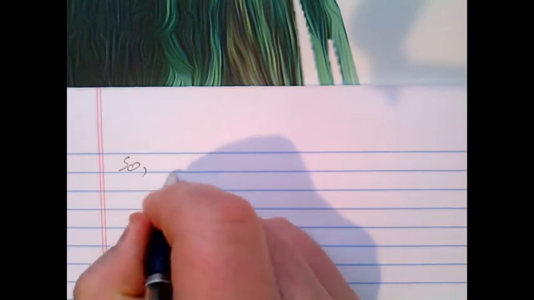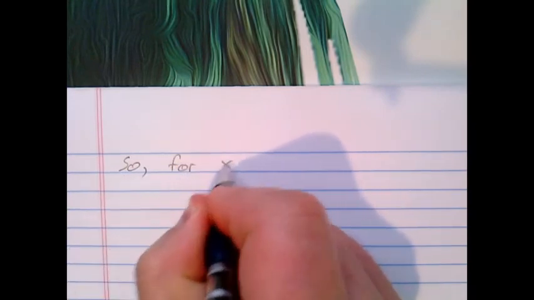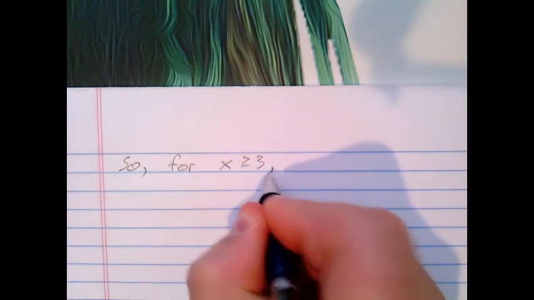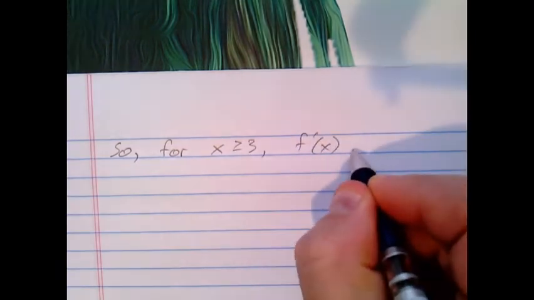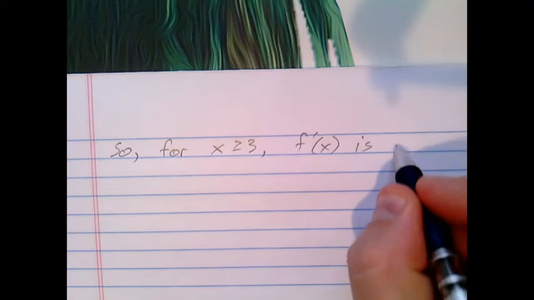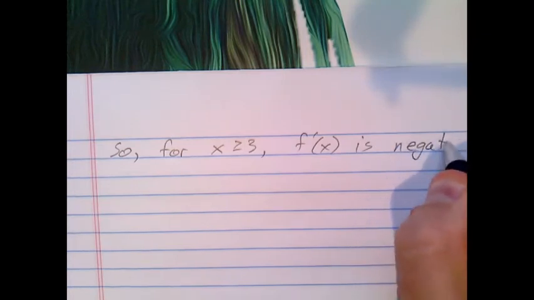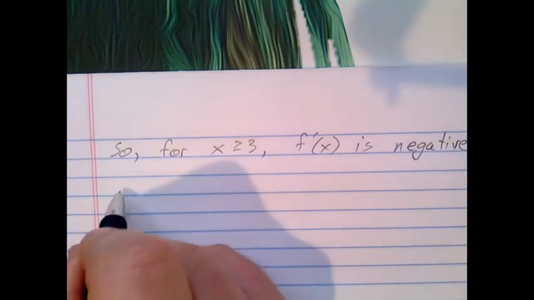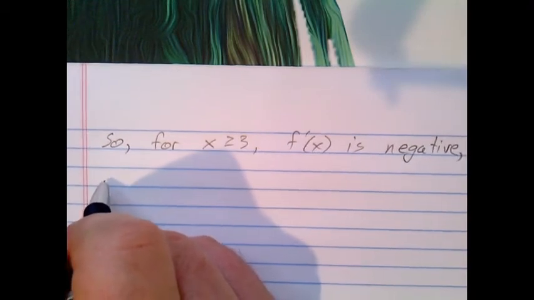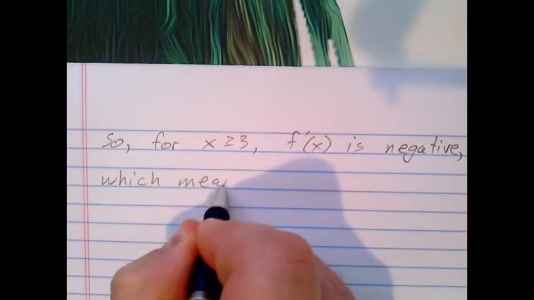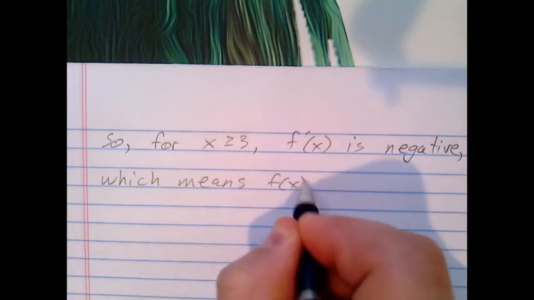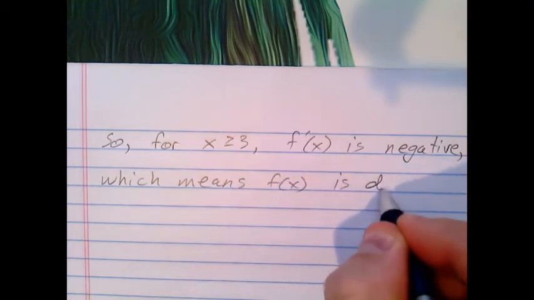So, for x greater than or equal to 3, f prime of x is negative, which means f of x is decreasing.